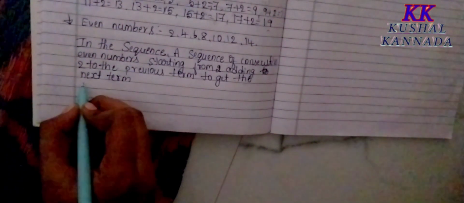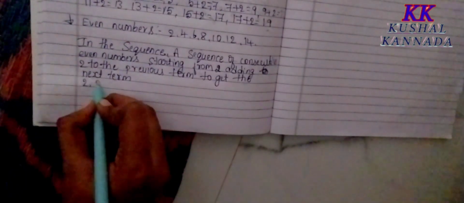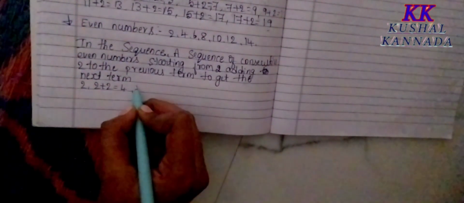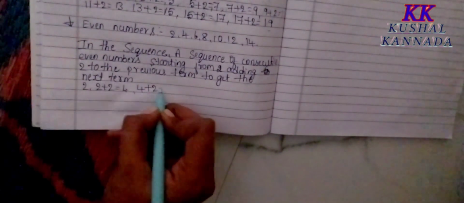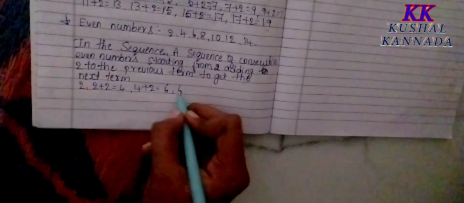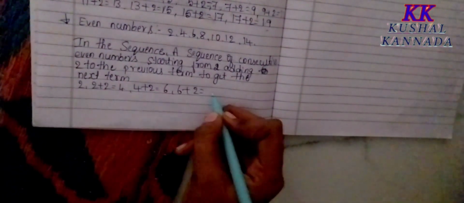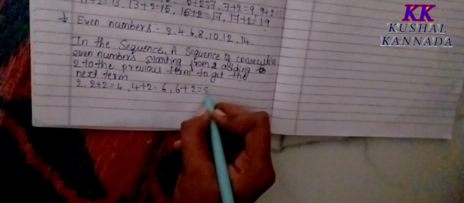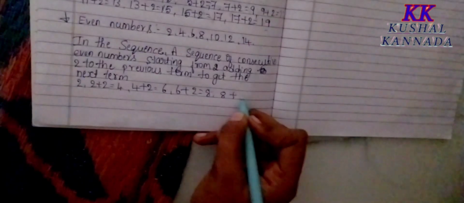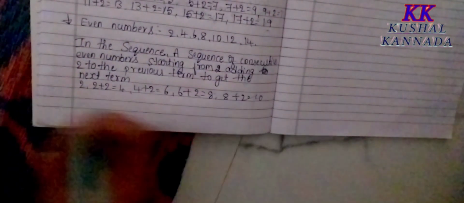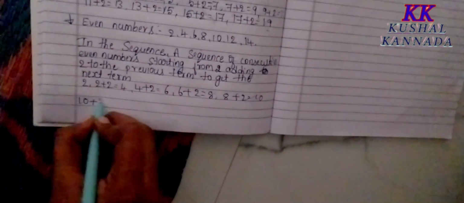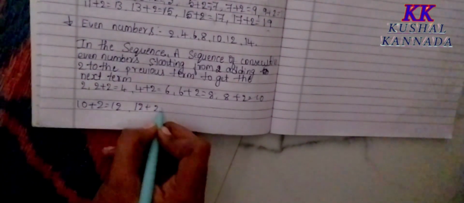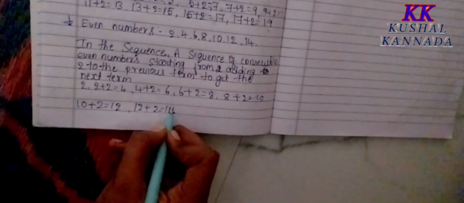First number 2. Next 2 plus 2 is equal to 4. 4 plus 2 is equal to 6. Right? 6 plus 2 is equal to 8. 8 plus 2 is equal to 10. 10 plus 2 is equal to 12. 12 plus 2 is equal to 14.